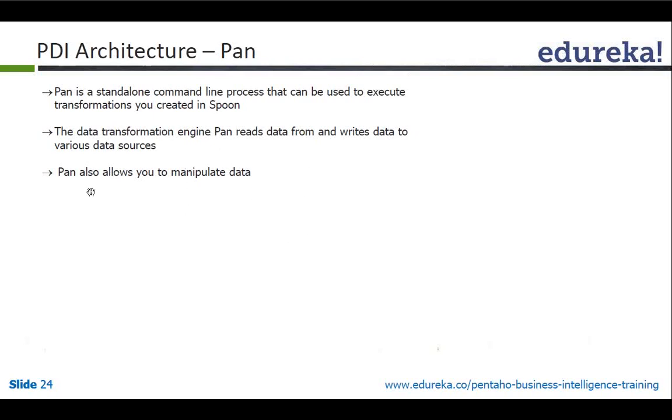Pan also allows you to manipulate data. These are command line utilities. Whatever is possible in Spoon, a limited set of features is possible in Pan. But the key feature of Pan is scheduling. With the help of Pan, you can execute your job or transformation at runtime.